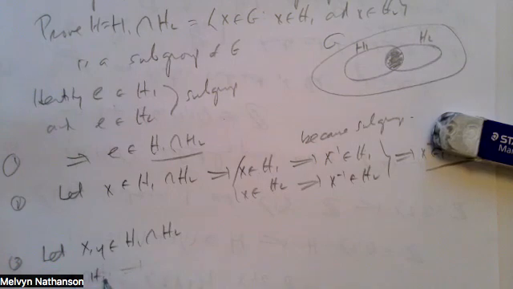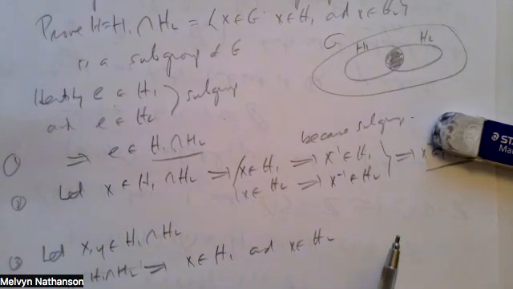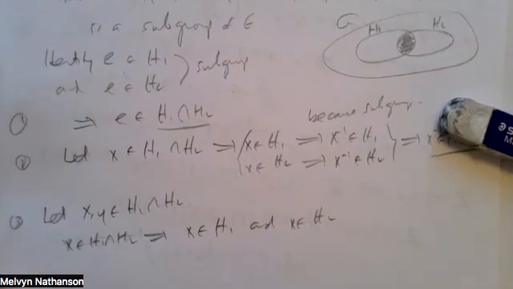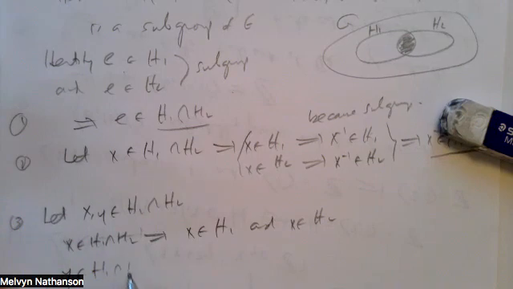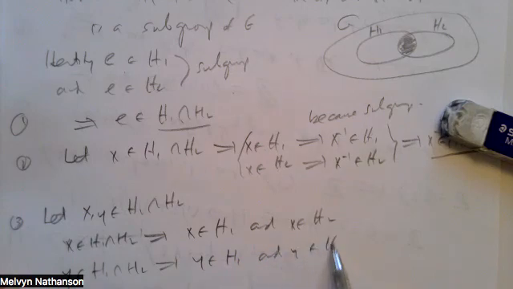So x is in H1 intersect H2. So x is in H1 and x is in H2. And y in H1 intersect H2 implies y is in H1 and y is in H2.